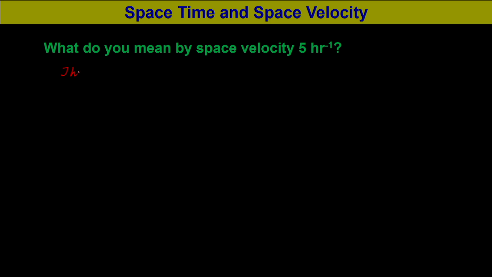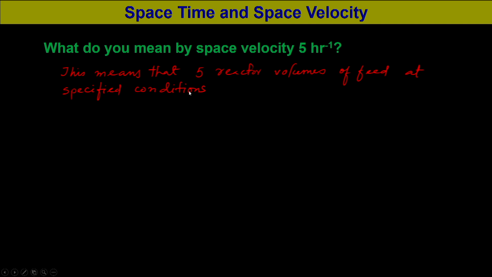This means that five reactor volumes of feed at specified conditions are being fed into or treated in the reactor per hour.